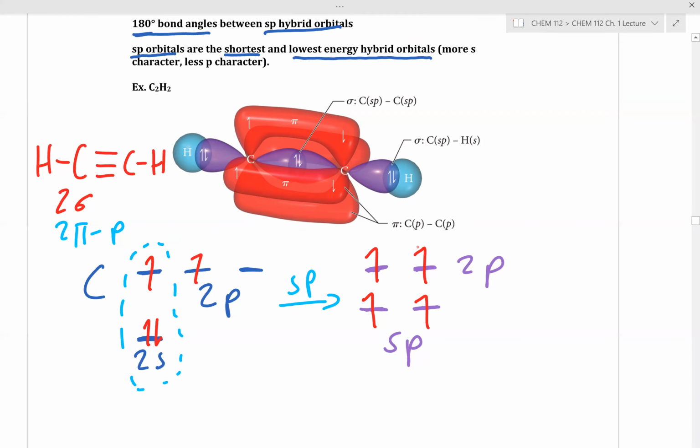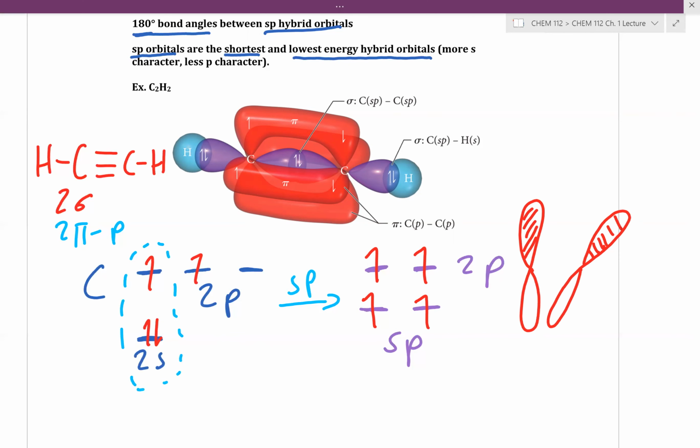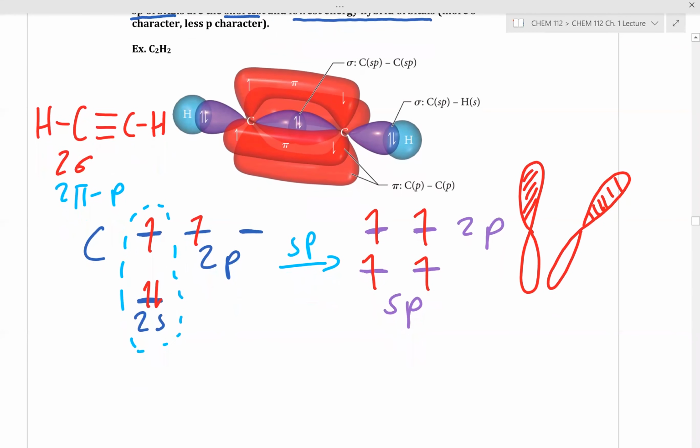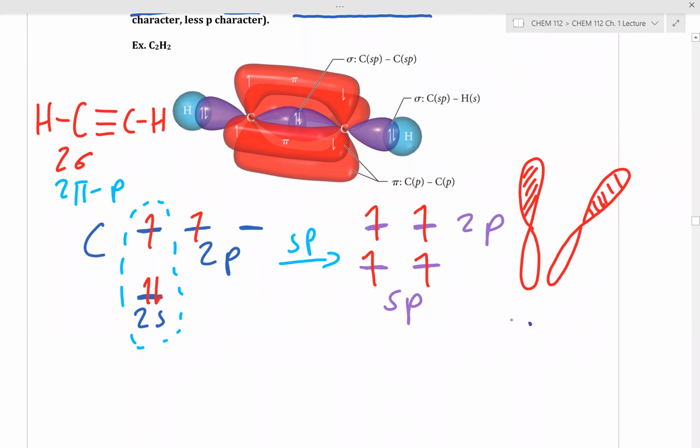So now, based on this orbital diagram, after hybridization, we're going to have a total of 2 half-filled p orbitals with different orientations and 2 hybrid orbitals with a relative geometry of 180 degree angle between our 2 hybrid orbitals.